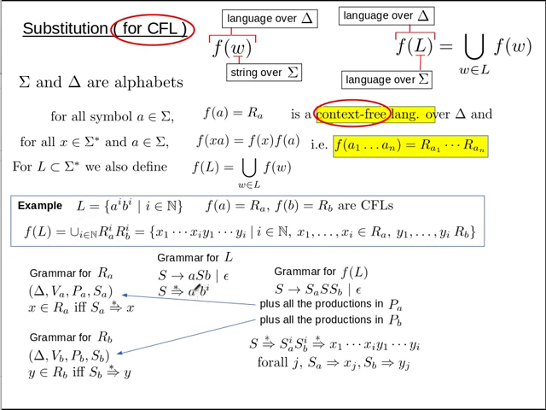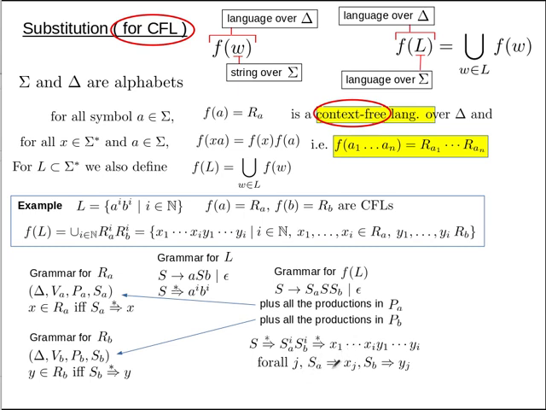Now each of these A's should be replaced by one of these Xj's, and each of these B's should be replaced by one of these Yj's. So what we can do is, instead of generating A^i B^i, we change this AB to SA SB, the start symbols here and here. So now instead of generating strings like A^i B^i, it will generate strings SA^i SB^i, and then each of these SA will be expanded into some Xj.